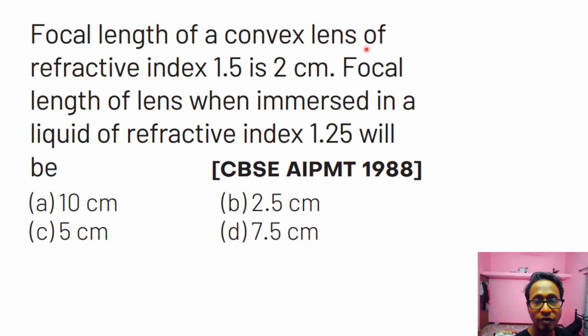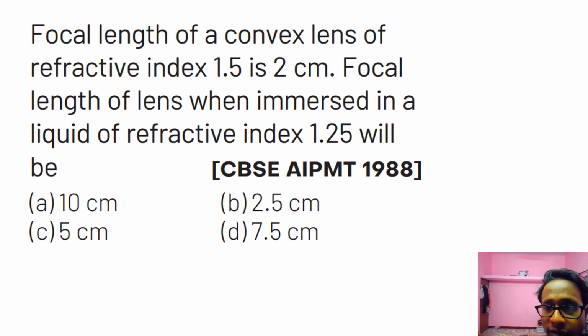Focal length of a convex lens of refractive index 1.5 is 2 centimeter. The focal length is given. If the lens is immersed in a liquid of refractive index 1.25, the focal length will be? Out here the lens is given, which means R1 and R2 are given. Wherever this lens is immersed, in water or any other medium, the shape of the lens will remain constant.